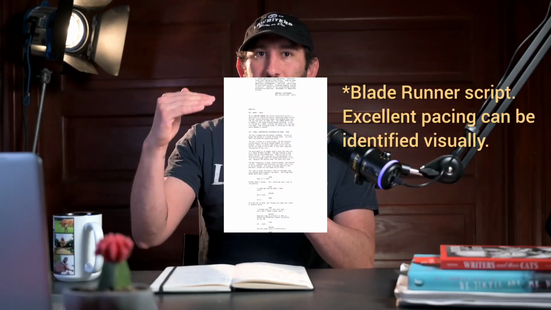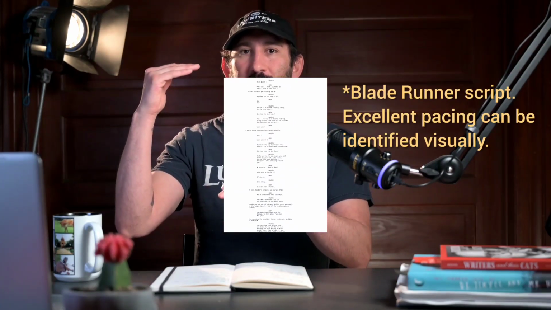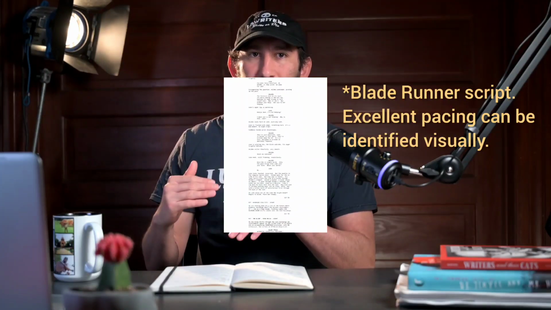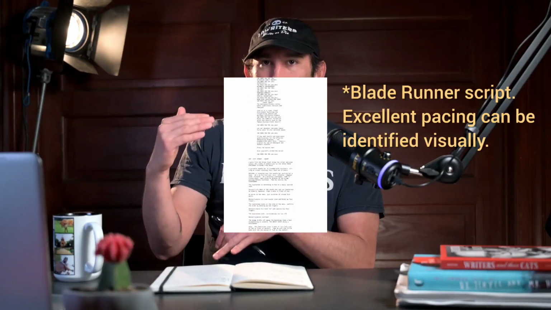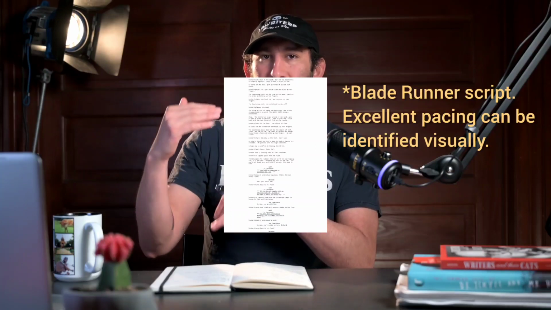What I mean by that is you can either print out your script or pull up your script on a PDF and just look at the pages from afar, like a visual piece. You can see the arrangement of the action, the dialogue, and anything else, and whether it's going to look paced or not.